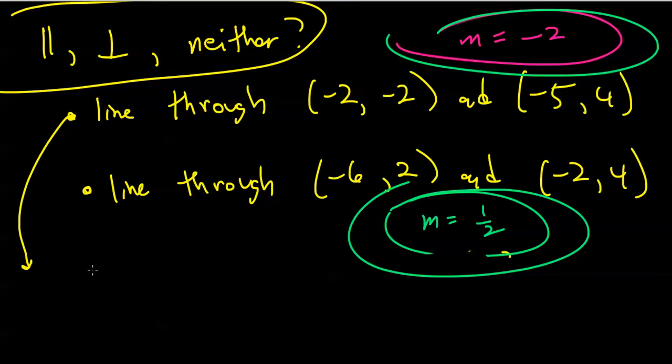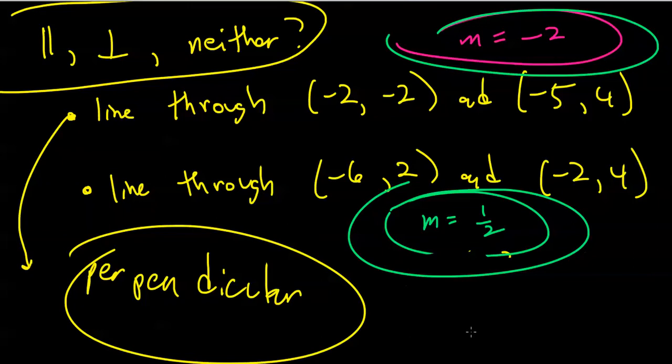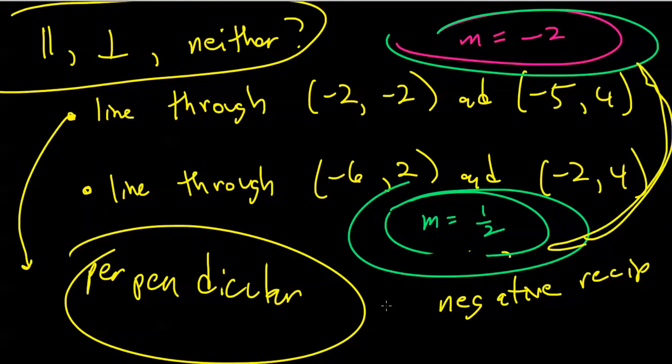So I claim perpendicular should be the answer to this question. I have shown that the slopes are negative reciprocals, and if that's true, the lines must be perpendicular. Okay?